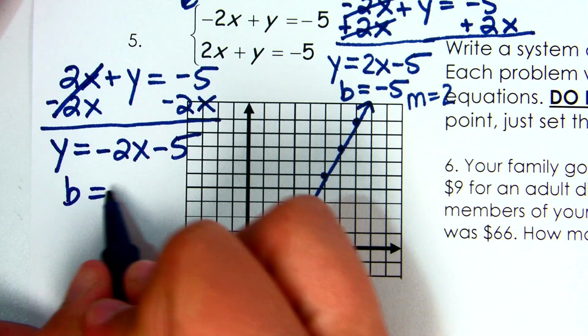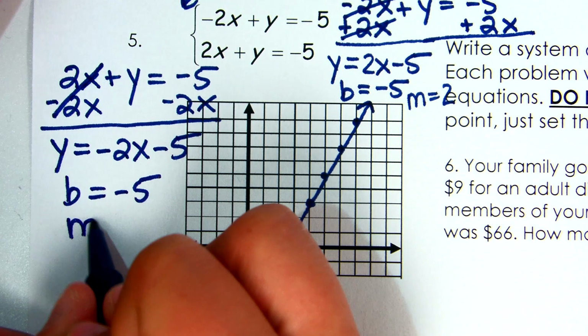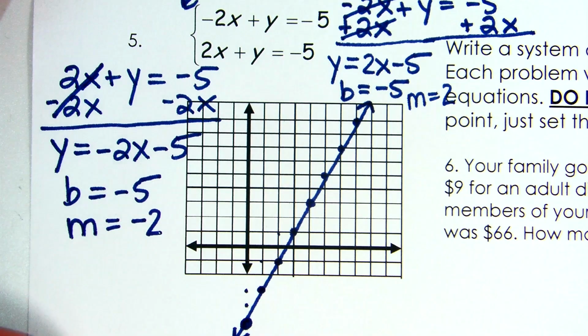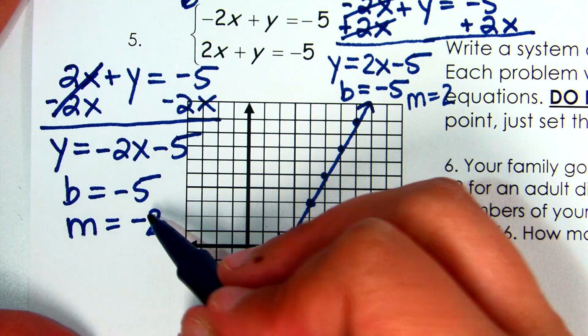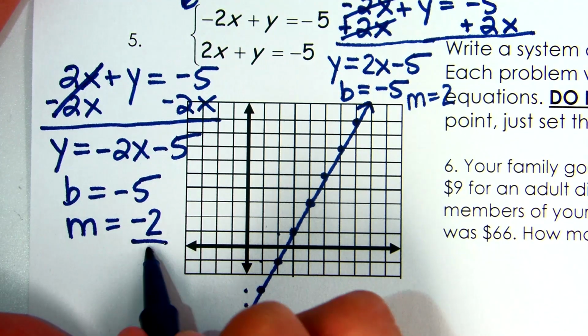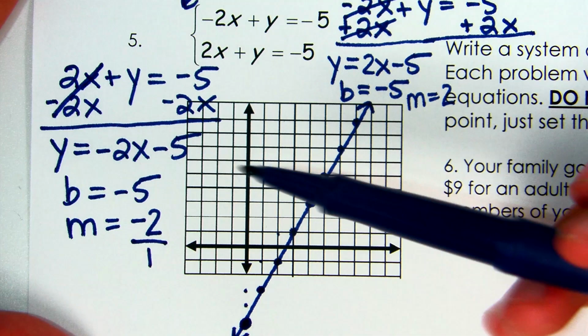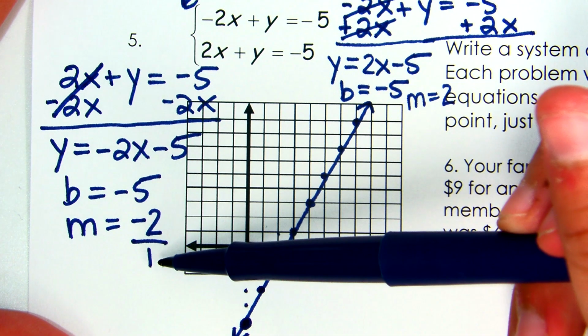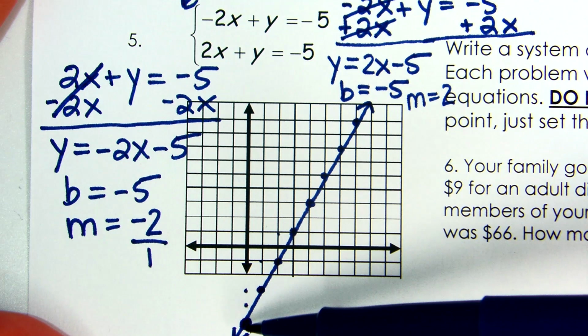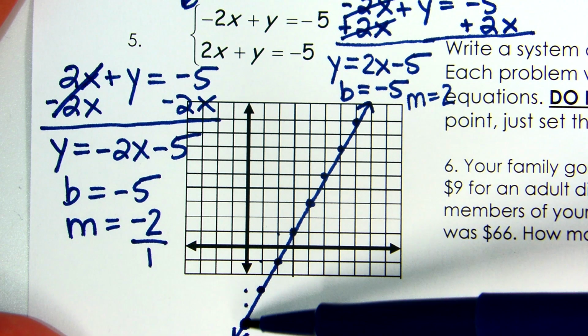B, beginning with b, is negative 5, and my slope is negative 2. So I begin with b and start at the exact same spot as my other one. Negative 2 slope is the same as negative 2 over 1. So negative 2 tells me to go down, and 1 tells me to go right. I don't really want to go down since I'm already off of the graph.